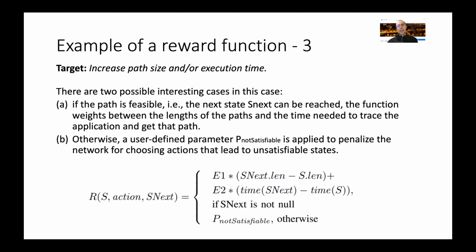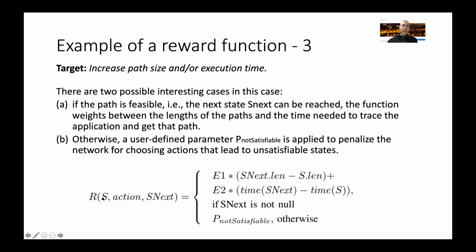And here, just to give you a hint, because you can read more in the paper, the reward function has to value how big is the new path versus the path that you obtained previously.